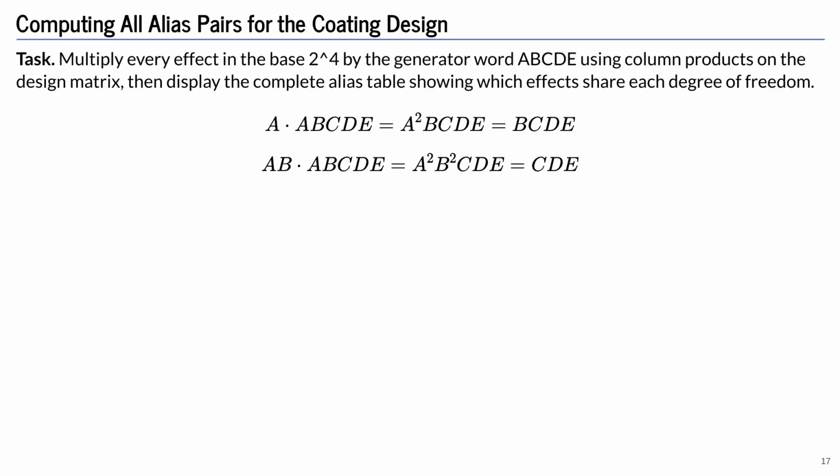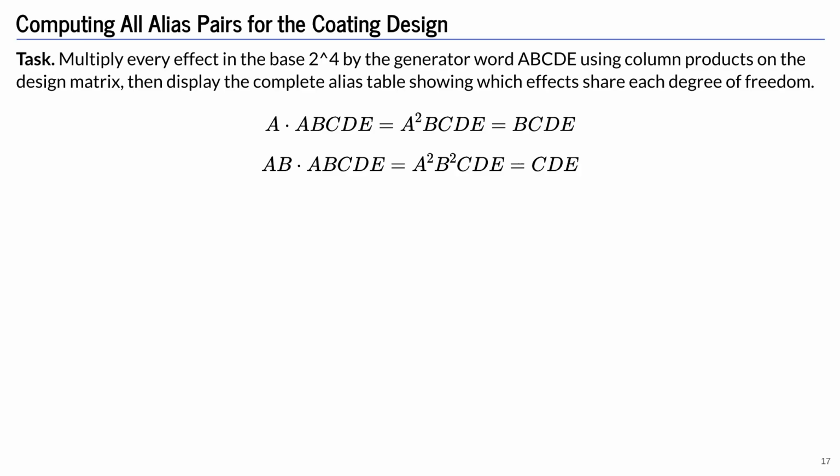When you compute an effect estimate from the data, you are not estimating a single effect. You are estimating the sum of 2 confounded effects, the effect of interest plus its alias. The estimate equals theta x plus theta of the alias of x. You cannot separate them from the data alone. The interpretation rule follows directly from sparsity.